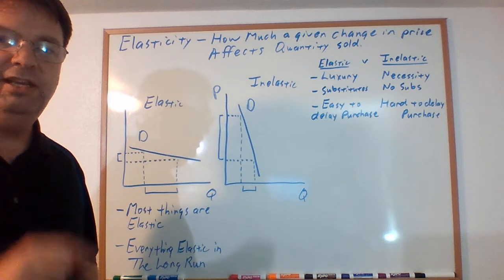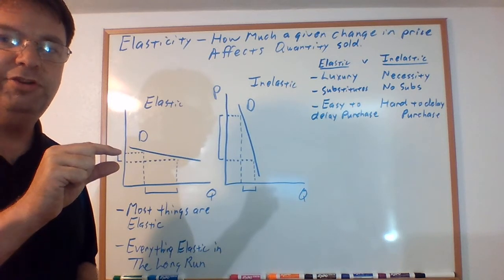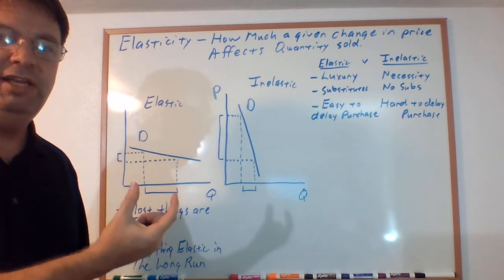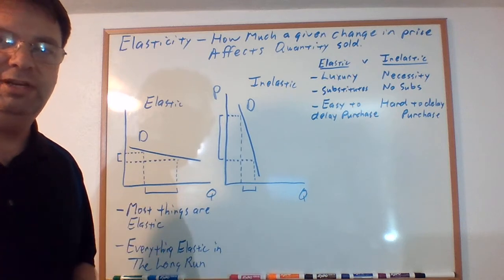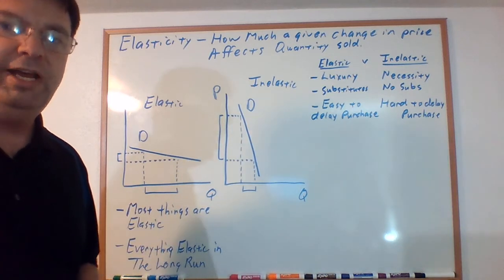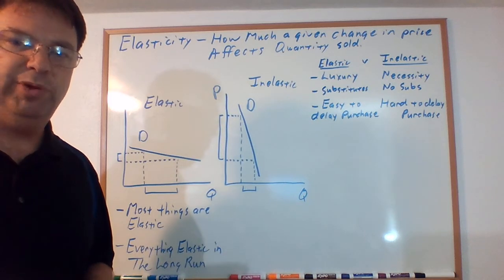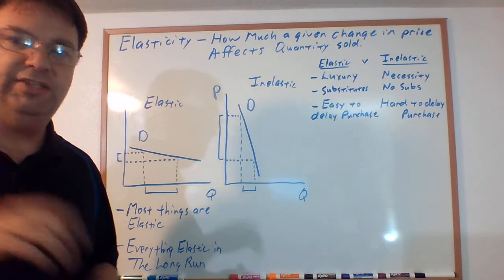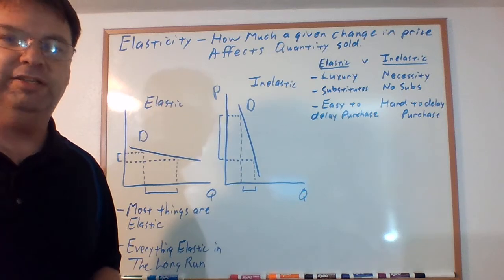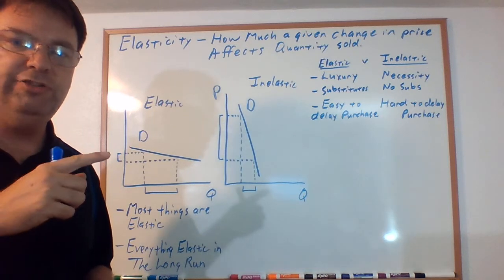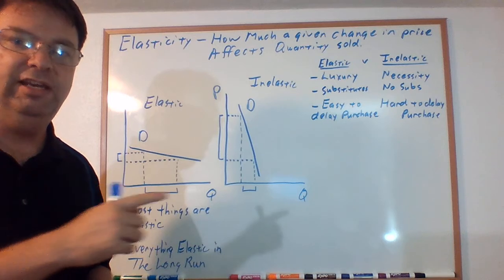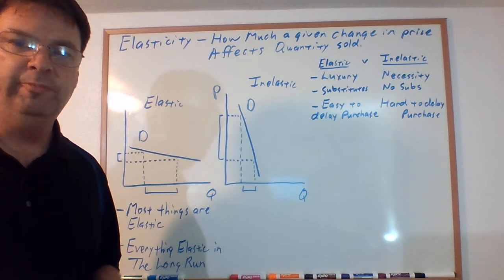For your notes there, elastic is going to be a small change in price will equal a large change in quantity. And what happens here as an example is if there's a little change in price towards the upside, suddenly no one wants to buy the product anymore. Or if there's a little change in price to the downside, suddenly everyone wants to buy the product.